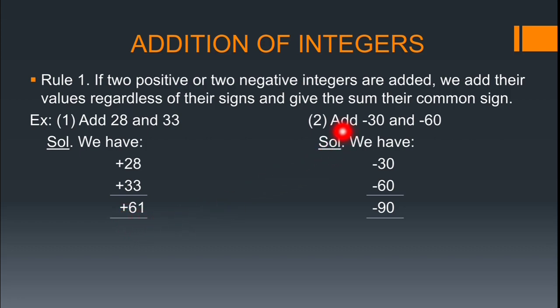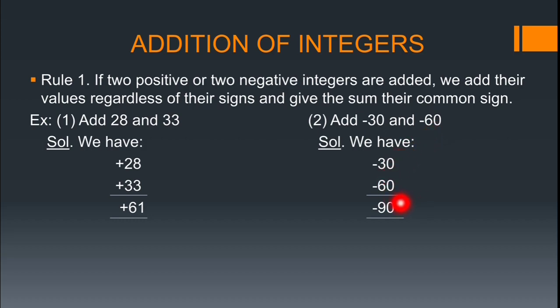Now let us see another example. In this example we have to add -30 and -60. From this example you can see that in the first example we were given two positive integers, while in this example we are given both negative integers. Again we have to add just their numerical values, that is we will add 30 to 60.